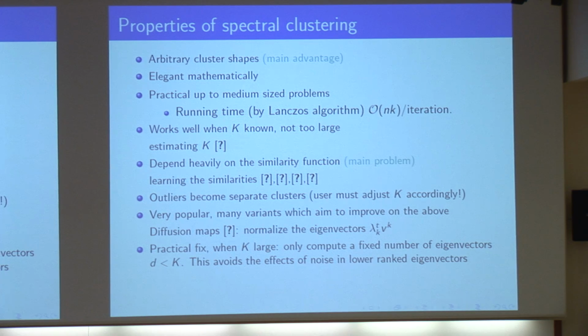Yes? If you do that, what properties of the graph are you throwing away? So the question is, if you remove some eigenvectors, are you missing some clusters? Because if you have global properties in your graph, they can be captured by certain eigenvectors, and if you start throwing some away, don't you lose them?